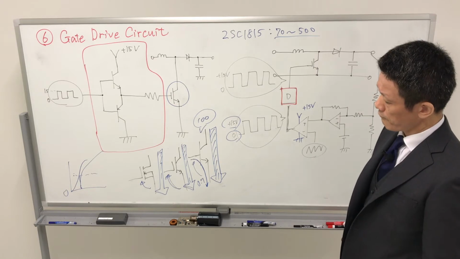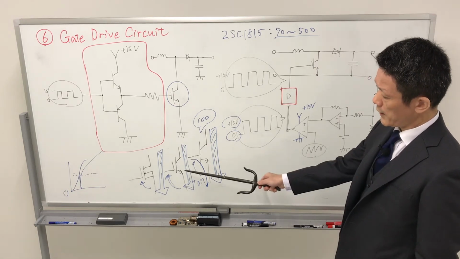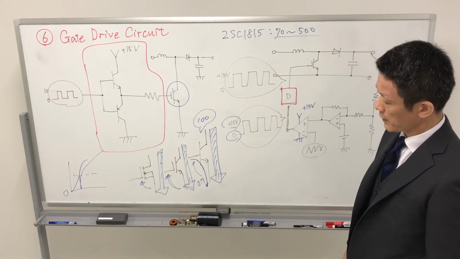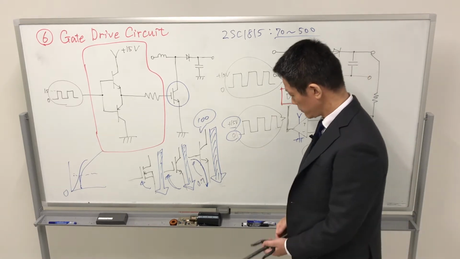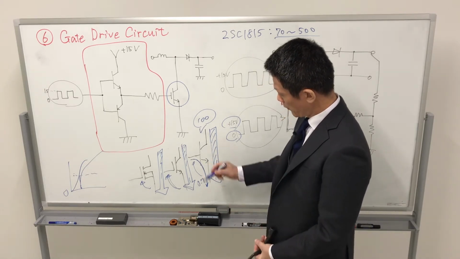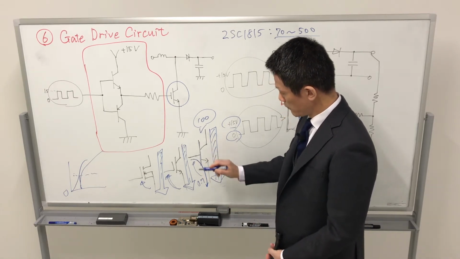However, between the gate and the source side, there is a capacitor. The bipolar type is a direct connection to the gate source line.